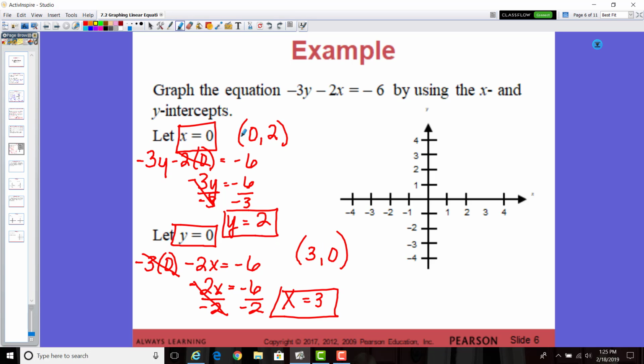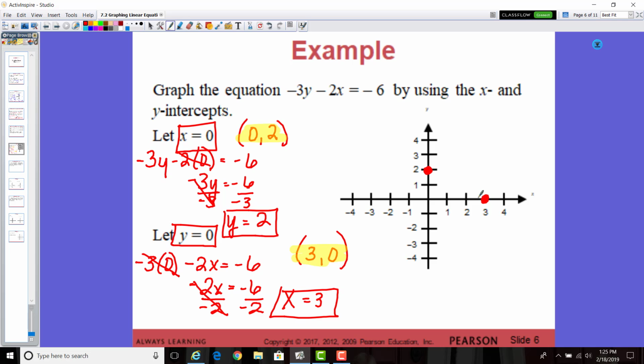So these are my two ordered pairs that I will use to graph this linear equation in two variables. 0, 2, I always start at the origin. My x value is 0, so I cannot go left or right. My y value is +2, so I go up 2 steps. My x-intercept, again, start at my origin. My x value is +3.